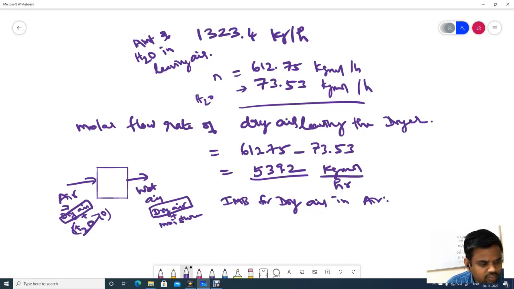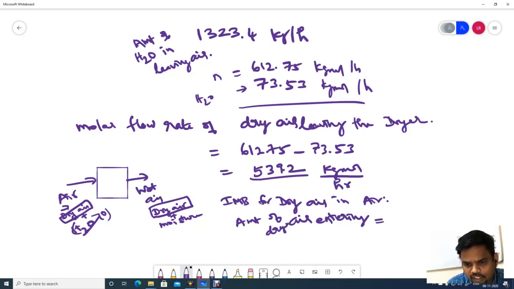Okay, so if you look at the individual material balance, what you can write is: amount of dry air entering is equal to amount of dry air leaving.